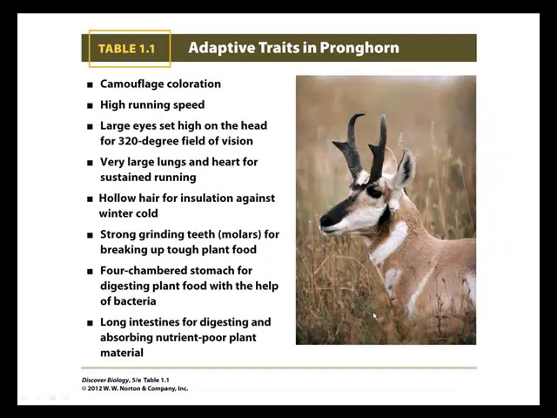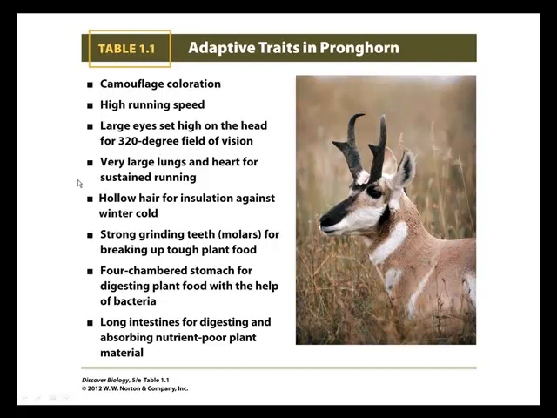It also lists all these incredible qualities that this organism has gone ahead and acquired because of natural selection. So camouflage, high running speed, really large eyes, so that they can see 320 degrees. That's pretty amazing.